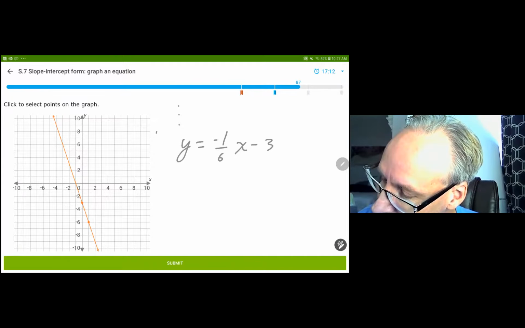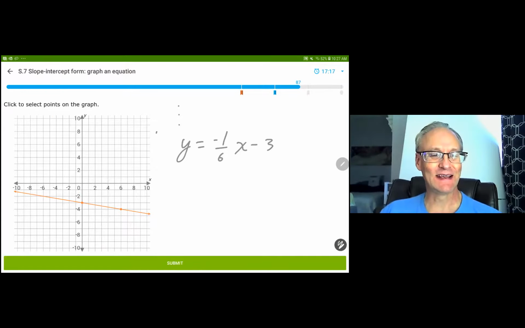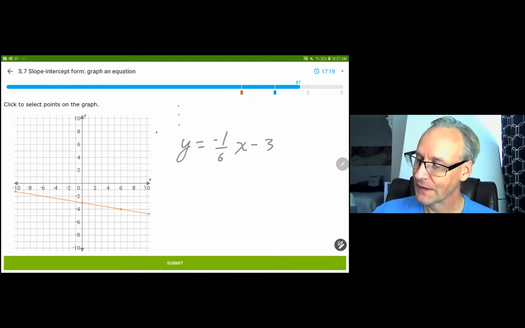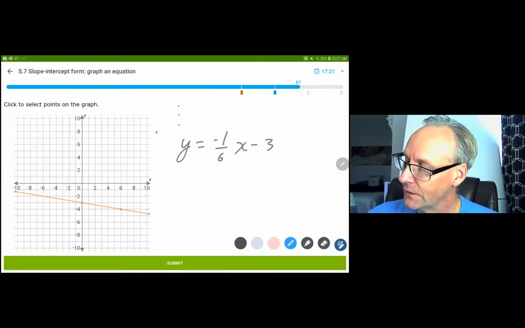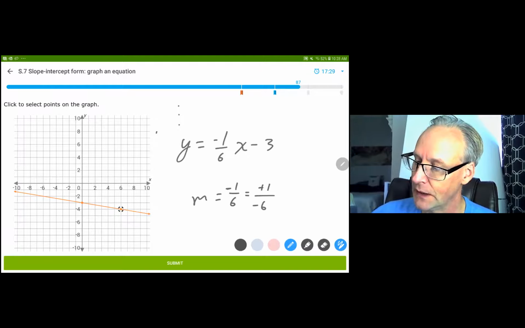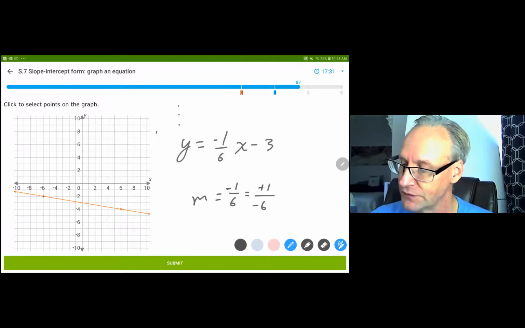Down 1 and over 1, 2, 3, 4, 5, 6. There we go. Easy to make a mistake if you're not paying attention. By the way, the slope of negative 1 over 6 is the same as the slope of up 1, back 6, which would be up 1 and to the left 6, which would be there.